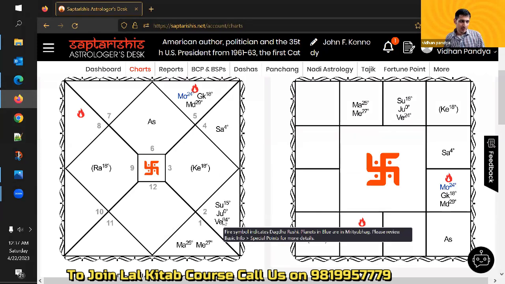Also understand, let me complete. So let's also not forget, this is the chart of John F. Kennedy. Now he comes from a very affluent family who had politics in his blood.